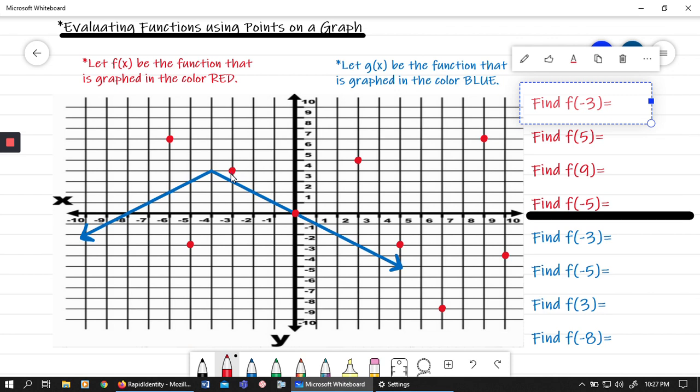Guys, if you're having issues with seeing that, just count it, okay? If you're having trouble with how the graph is labeled, literally just count from the origin. You should know how to tell what the ordered pair is at this point that I have my mouse pointer on.